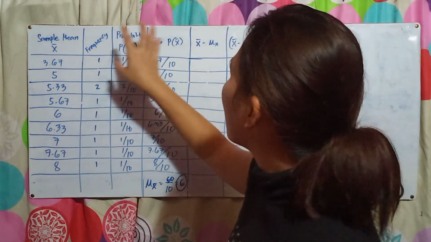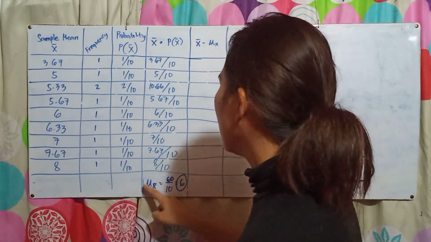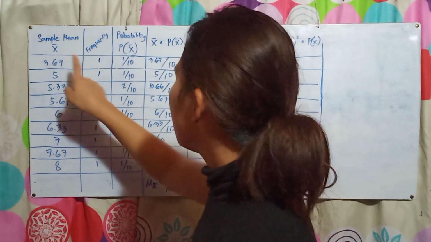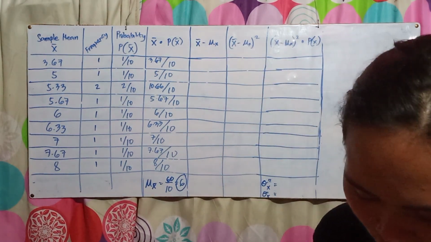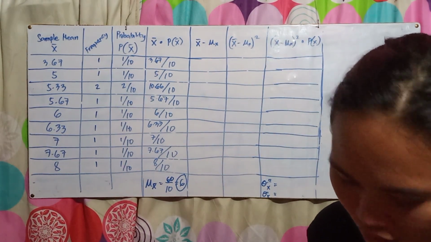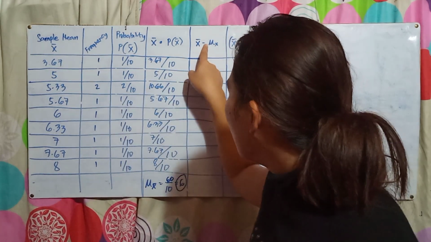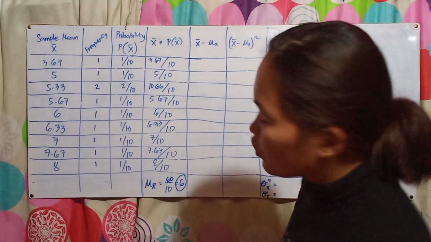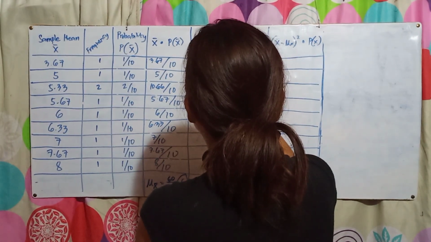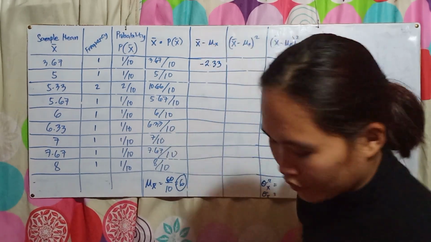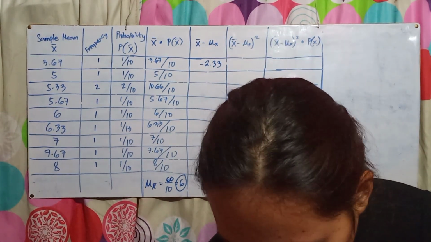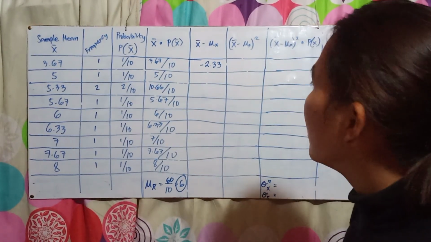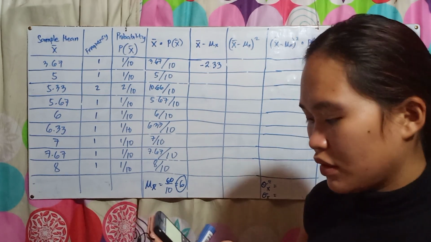Okay, sample mean minus the mean of means. So 3.67 minus 6 is negative 2.33.